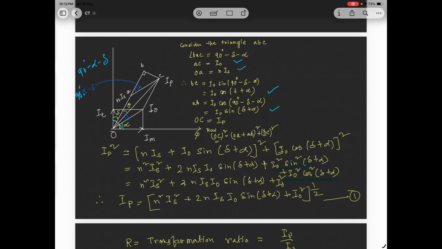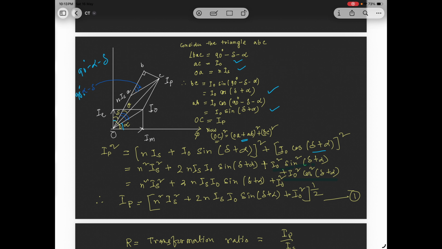Now OC square is equal to OB square plus BC square. So OB is equal to OA plus AB, plus BC square. Now just write down the value of OA. OA is equal to NIS and AB is equal to I0 sine (delta plus alpha), so square, plus I0 cos (delta plus alpha) square.